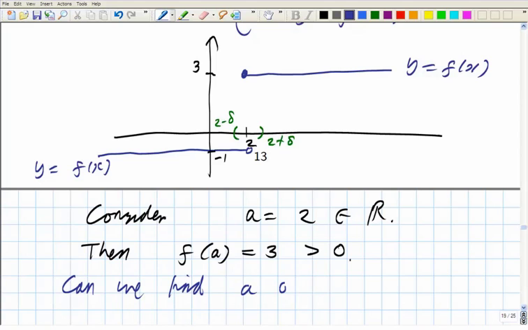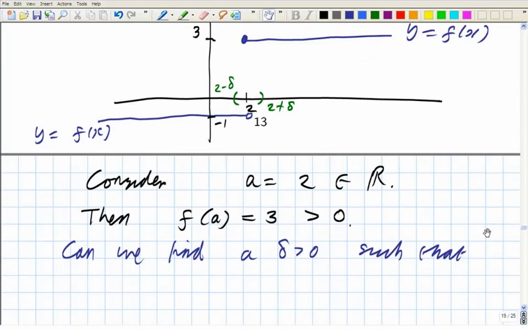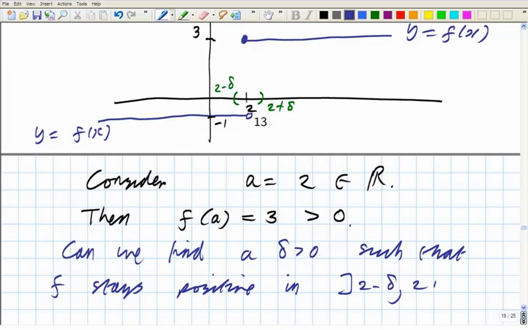So can we find a delta greater than 0 such that f stays positive in the open interval, with our alternative notation, 2 minus delta up to 2 plus delta, with our reverse square brackets?